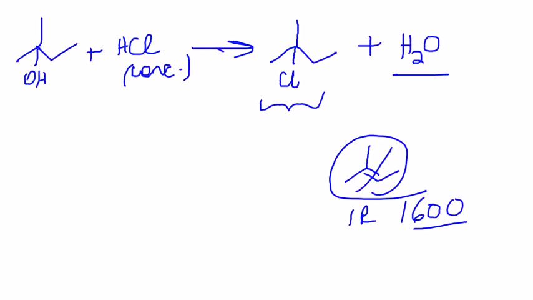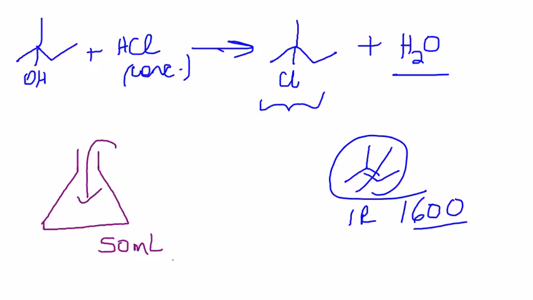Now, first off, how are we going to run the reaction? It's a pretty straightforward setup. So what we are going to do is we are going to take an Erlenmeyer flask, and let this be the 50 milliliter Erlenmeyer flask. We are going to put in a stir bar.